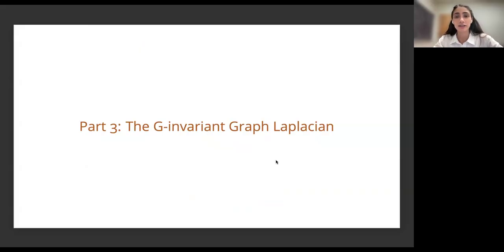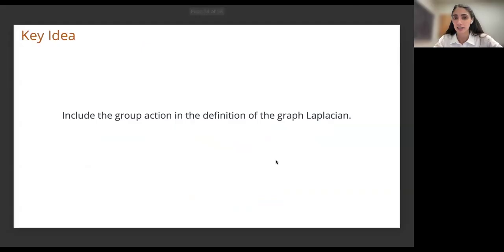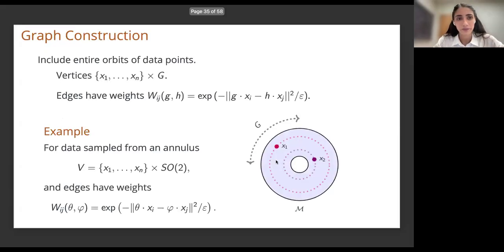With the G-invariant graph Laplacian, the basic idea is that we want to include the group action directly in the definition of the graph Laplacian instead of moving it to the data. So everything is going to be confined to the mathematics. Okay, so the idea is that in our graph construction, we're going to include entire orbits of data points.